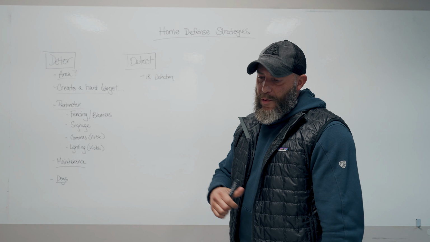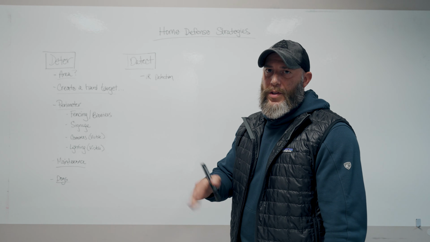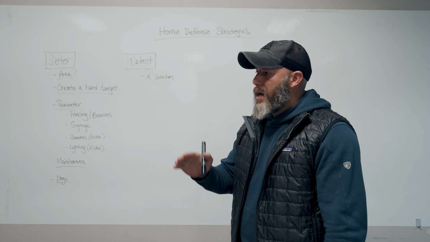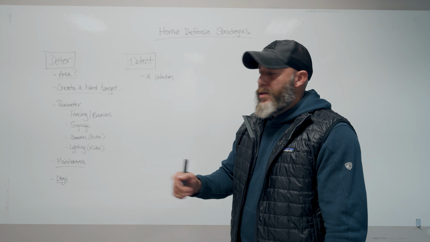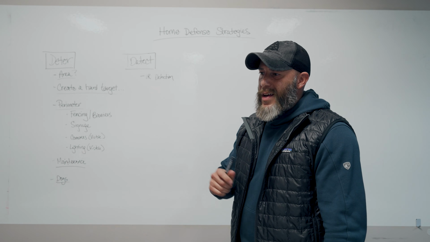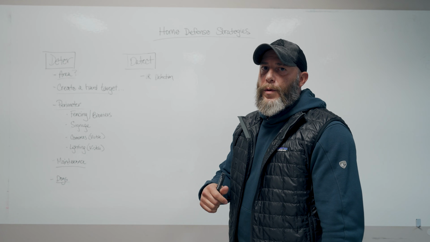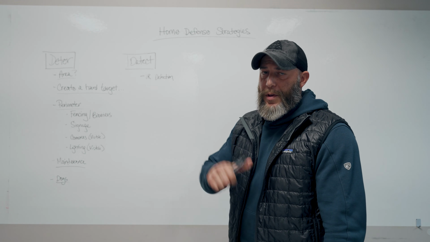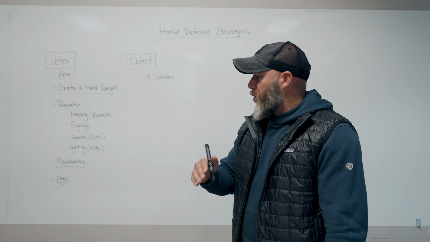So if my driveway was 50 yards, I have one at the 50-yard line, one at the 25-yard line, and one closer to where the garage door is. When I start hearing those different dings, I know how close the person is based on how fast those alarms were tripped. It gives me an idea as to whether the individual drove, rode a bike, walked on foot, or potentially ran onto the property.